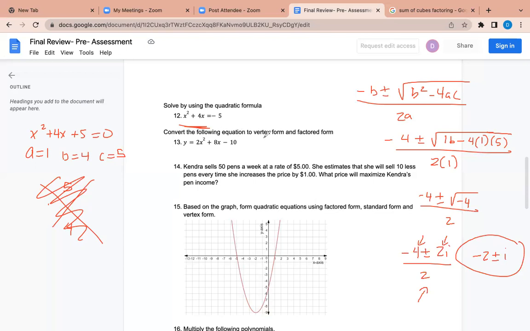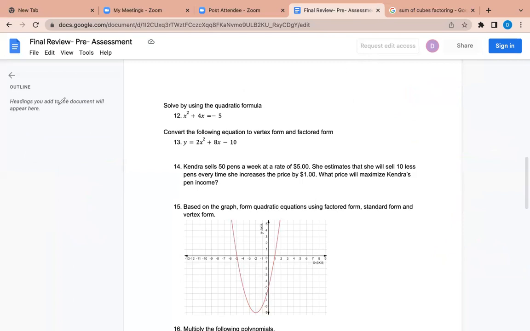Convert the following equation to vertex form and standard vertex form and factored form. Well, let's factor it first. If you want to factor, you just take out the 2. And what's left inside is x squared plus 4x minus 5.